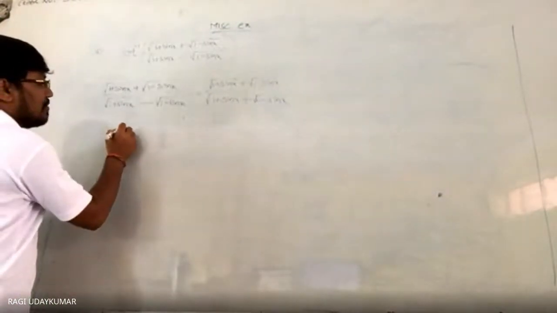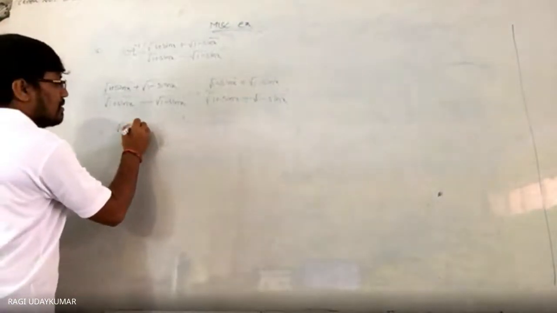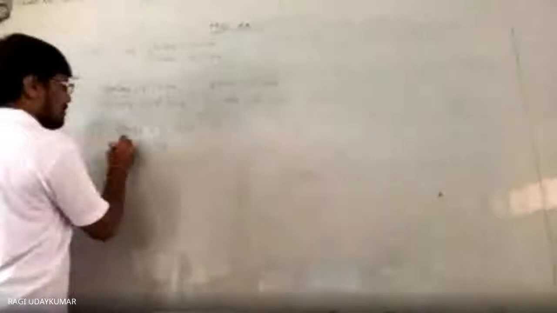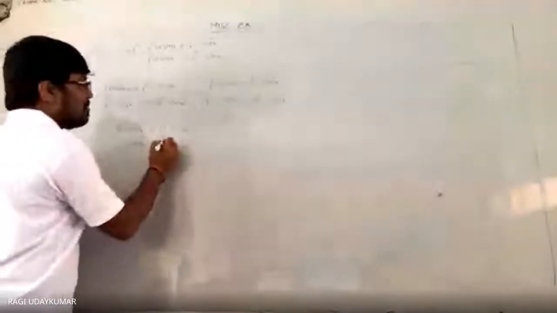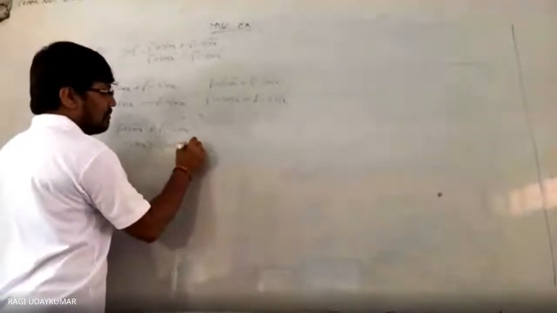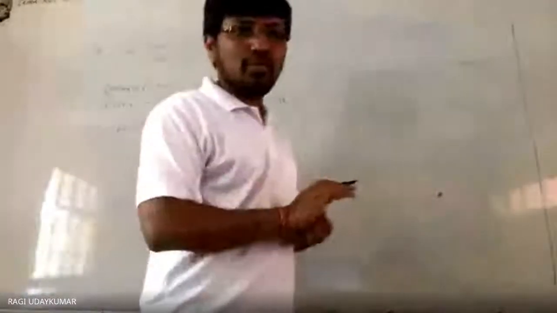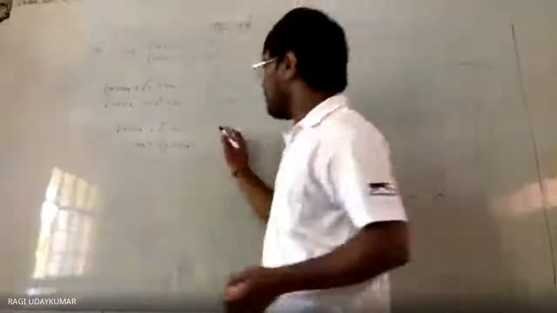So what did you get? Under root of 1 plus sin x plus under root of 1 minus sin x whole square by, in the denominator, a square minus b square, 1 plus sin x minus 1 minus sin x. In the numerator, on simplification, what do you get here?